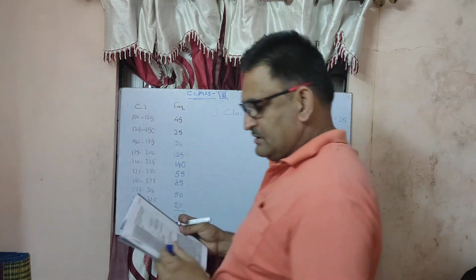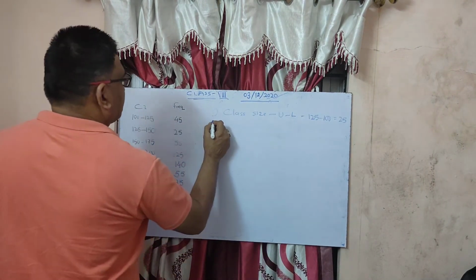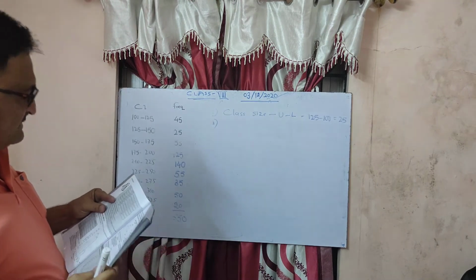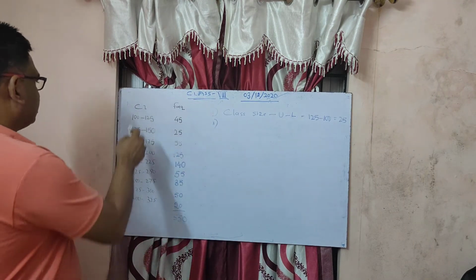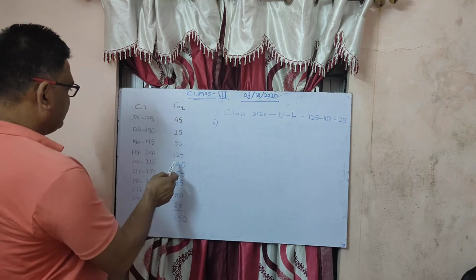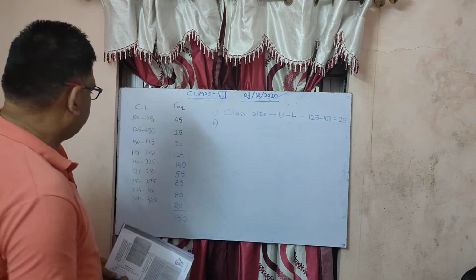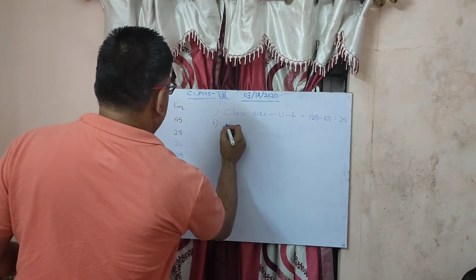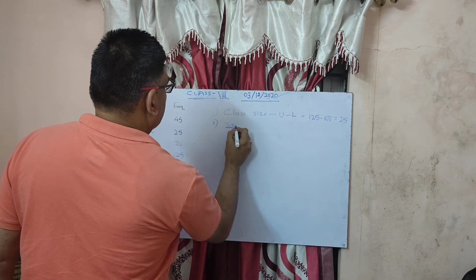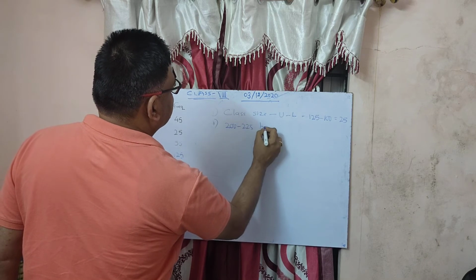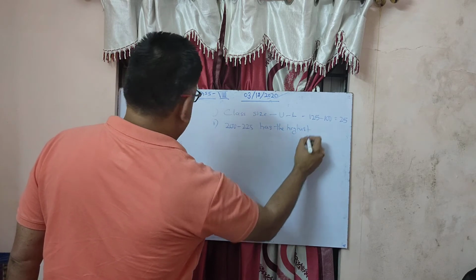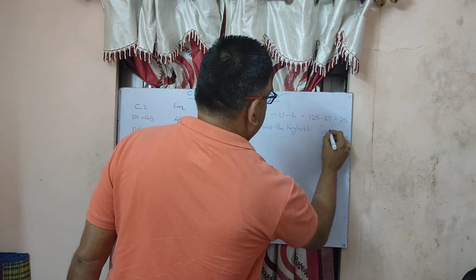What is the next question? Second question, which class has the highest frequency? These are the classes. You can see 140. So 225. Which class has the highest frequency? 200 to 225 has the highest frequency.